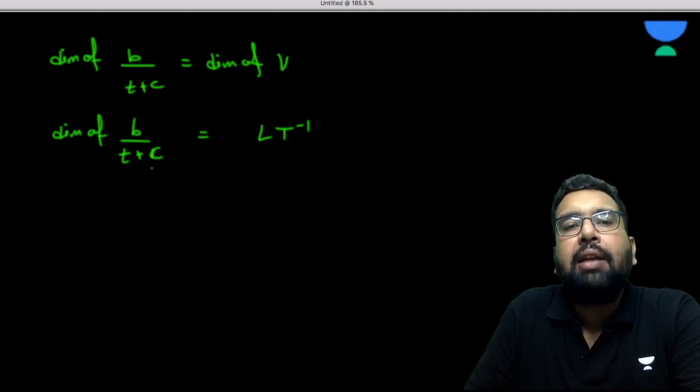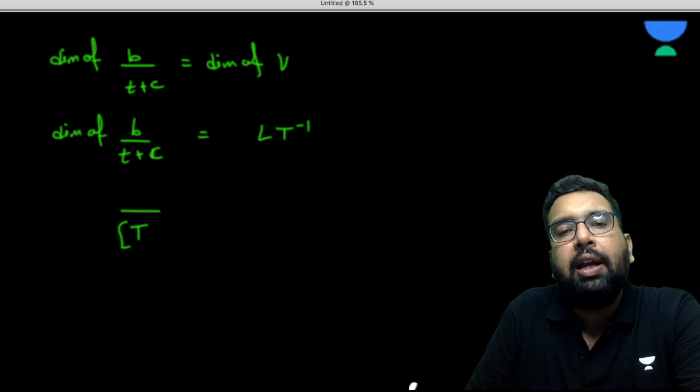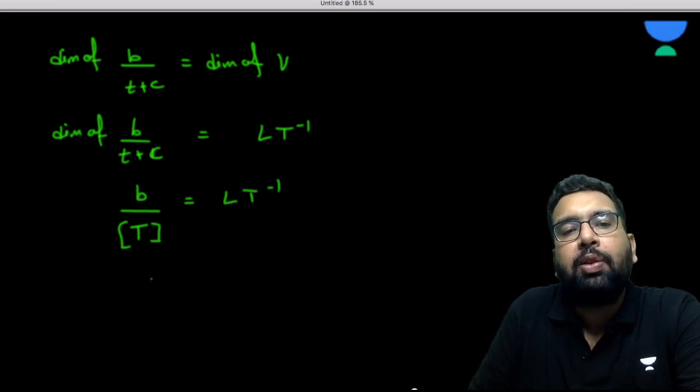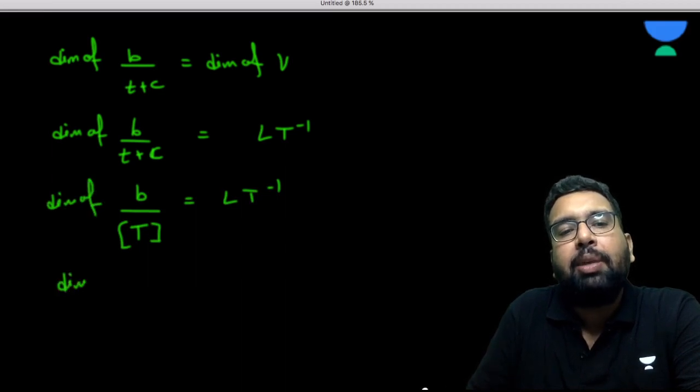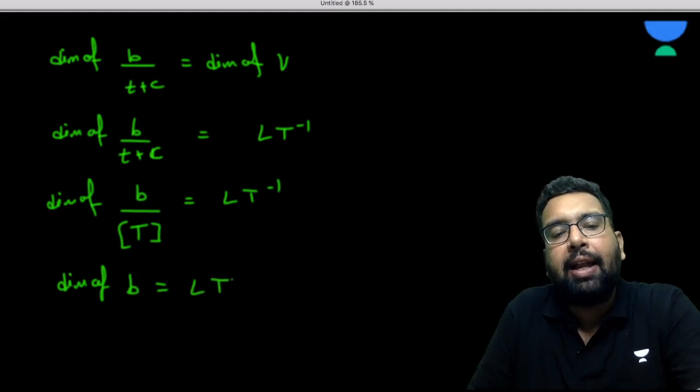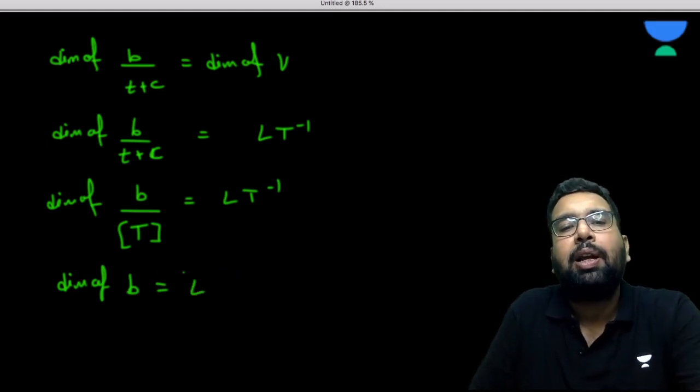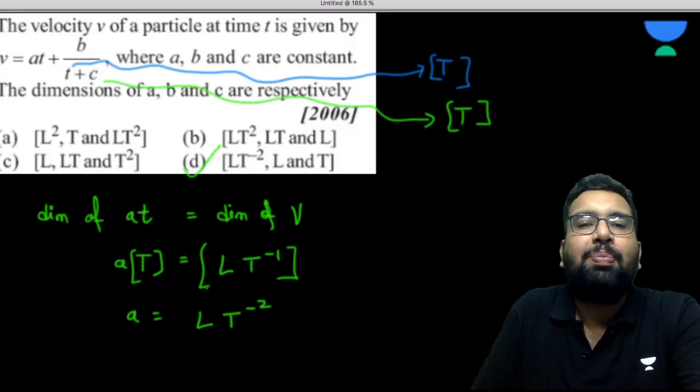Now C has the dimension of T, so in the denominator we have T. So what is going to be the dimension of B? It is going to be L, since T minus 1 times T becomes L. So the dimension of B is L.